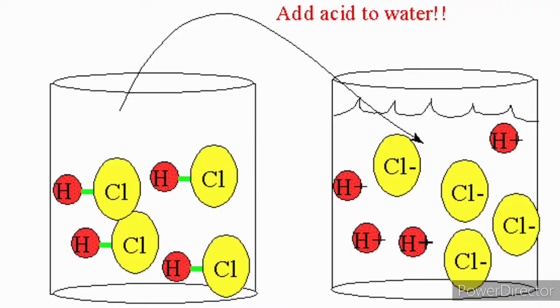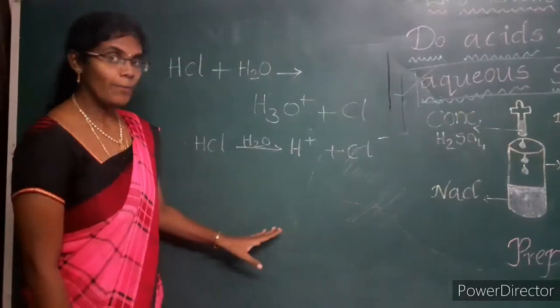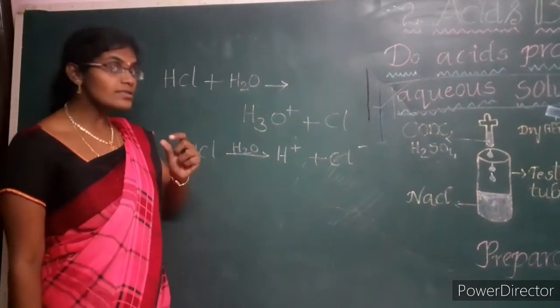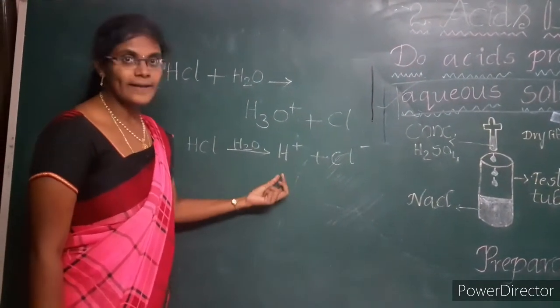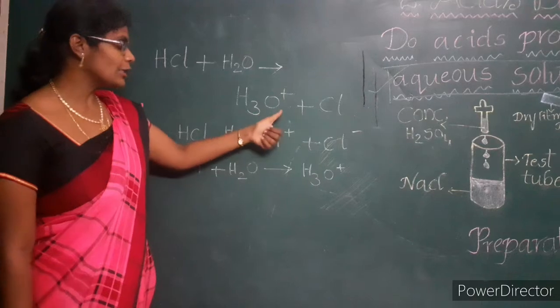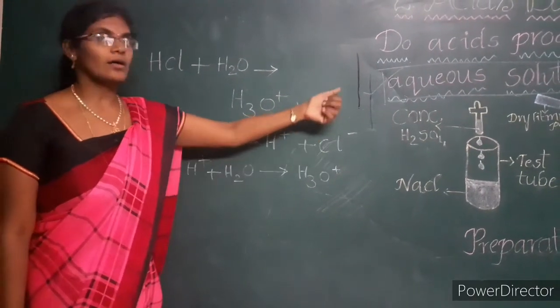Generally, in aqueous solution, the acid, means hydrochloric acid, decomposes into H plus and Cl minus ions. But hydrogen ions cannot exist as bare ions, means single ions. So immediately this hydrogen ion reacts with a water molecule: H plus plus H2O gives H3O plus. So it forms the hydronium ion. That's why here you are getting hydronium ion plus chloride ion.